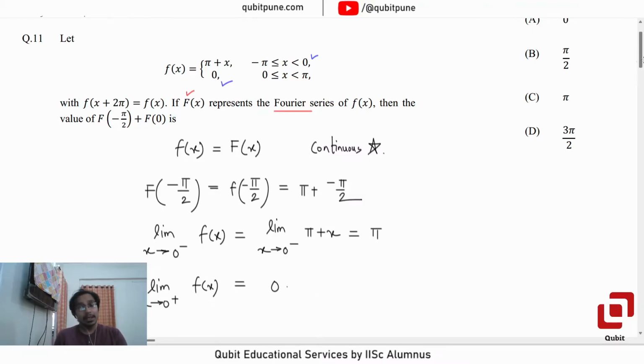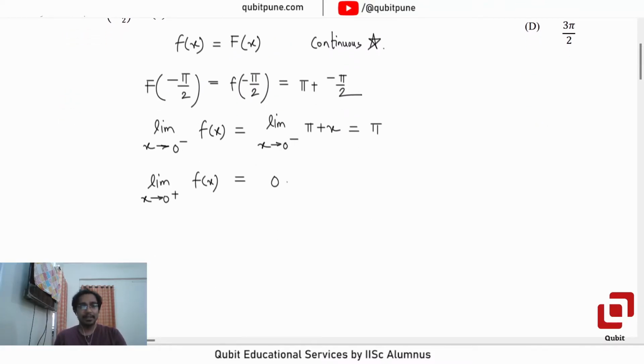Now there is a rule in Fourier series that whenever a function possesses a discontinuity, like in this case where both the limits don't match, so the function is clearly discontinuous, then the value of the Fourier series is given by averaging the left and the right hand limits.